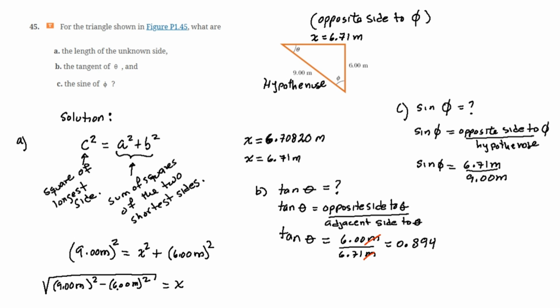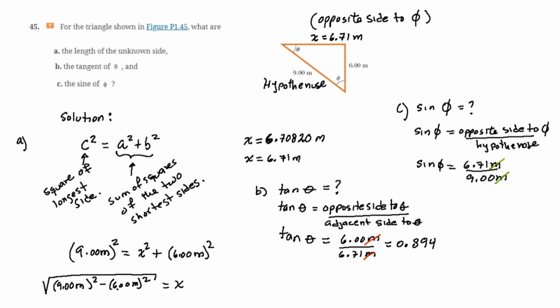Of course, we will cancel out the meters because, as I said, sine, cosine, tangent, secant, cosecant, cotangent, all these trigonometric ratios are dimensionless. They have no units, right? This is what dimensionless is.